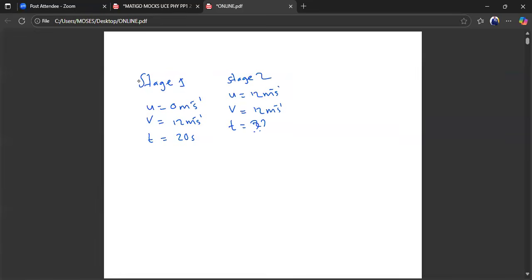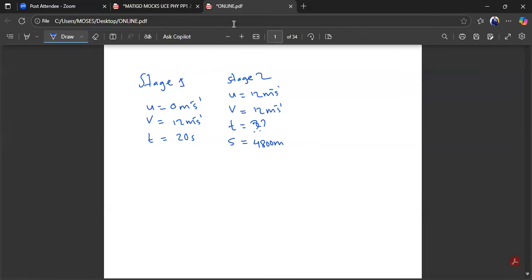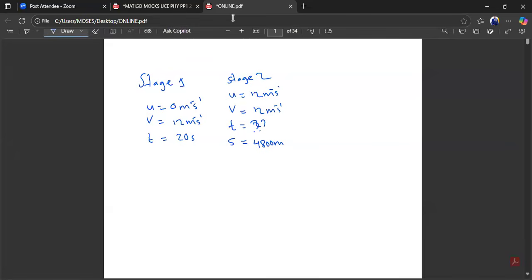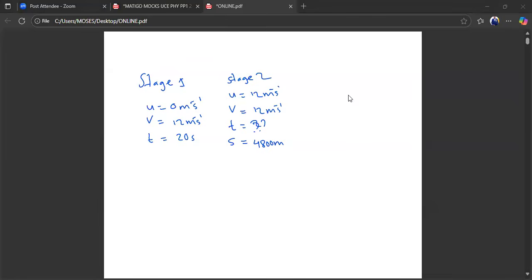But the distance that was covered in this stage is given as 4,800 meters. That is the total distance that was covered. That is the second stage.